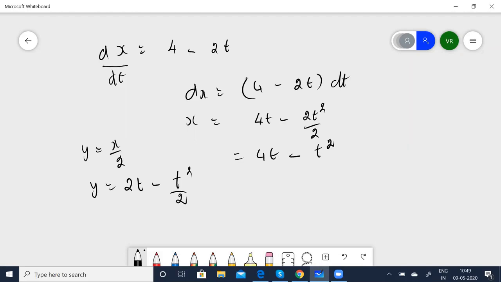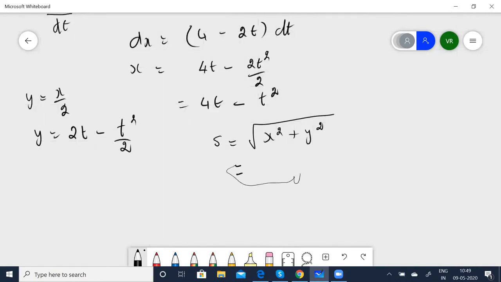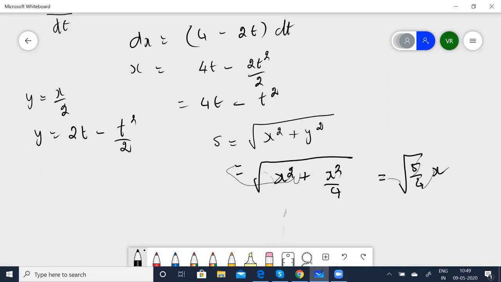So s is going to be the resultant, which is root of x squared plus y squared. Substituting, you get root of x squared plus x squared by 4, which gives you root 5 by 2 times x.